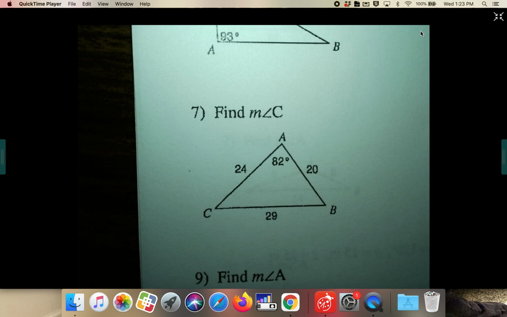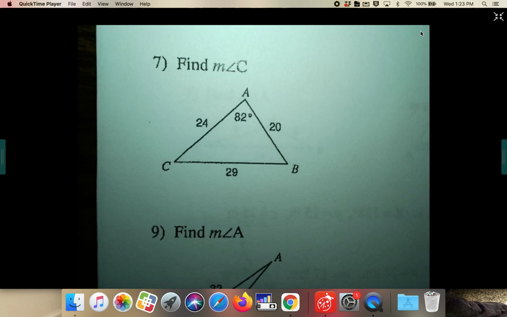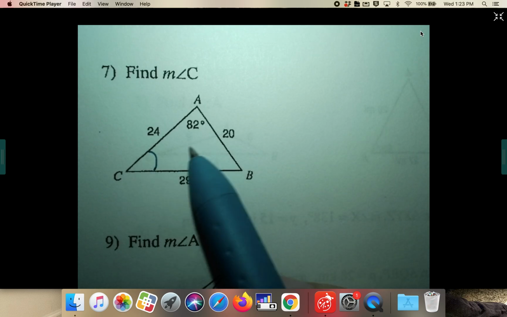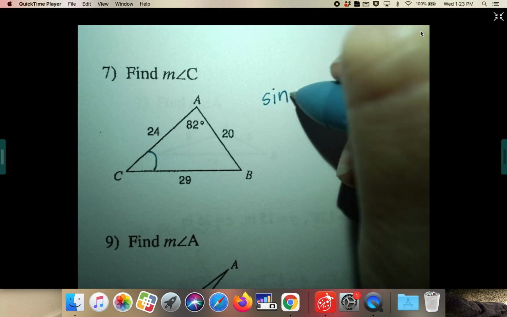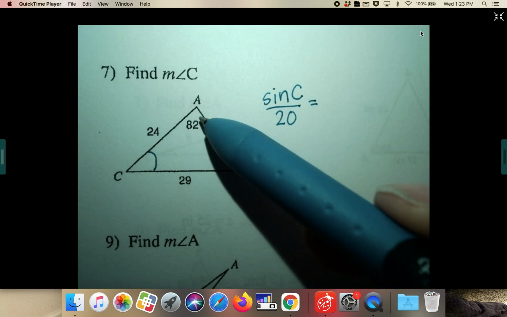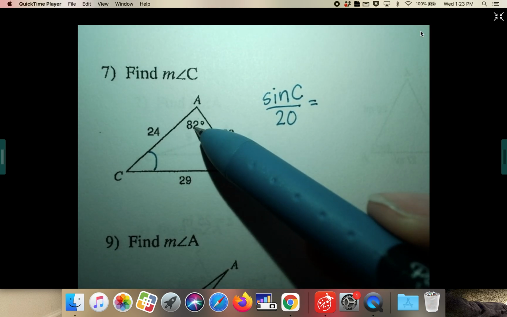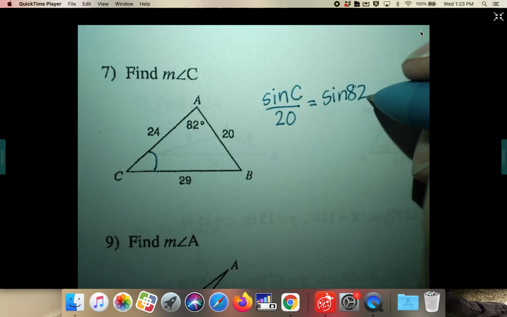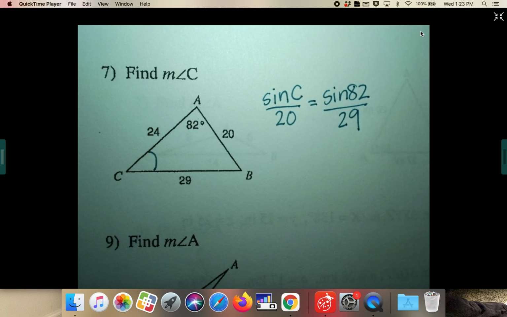Let's do 7. So we're looking for angle C. So sine C over 20 is equal to, we need to find 2 that we have. We have the A over the little a, so sine 82 over 29, sine 82 degrees over a 29 side length.